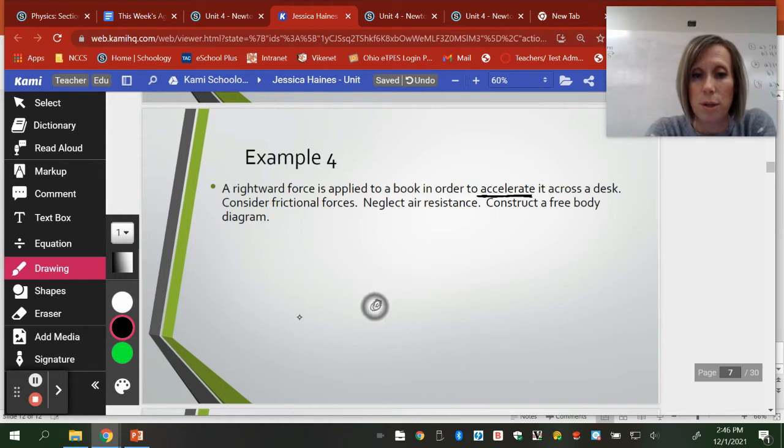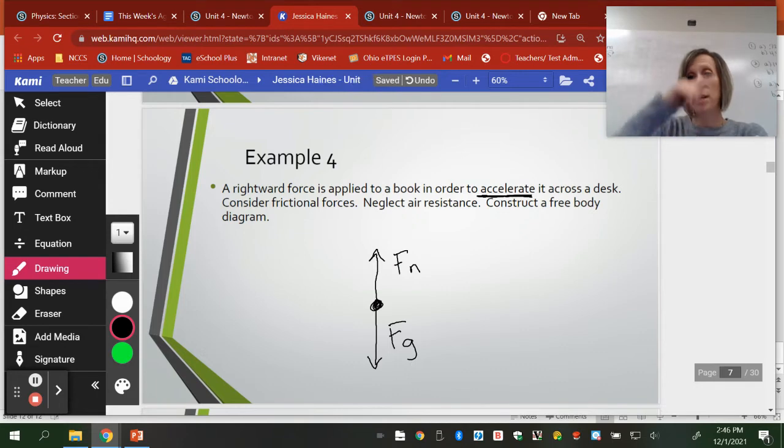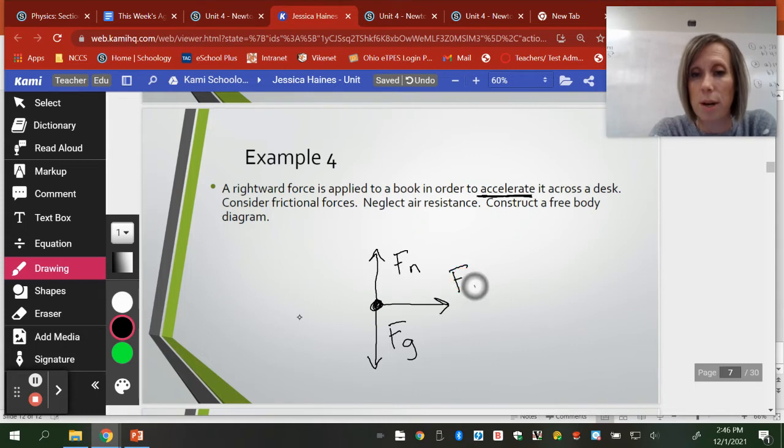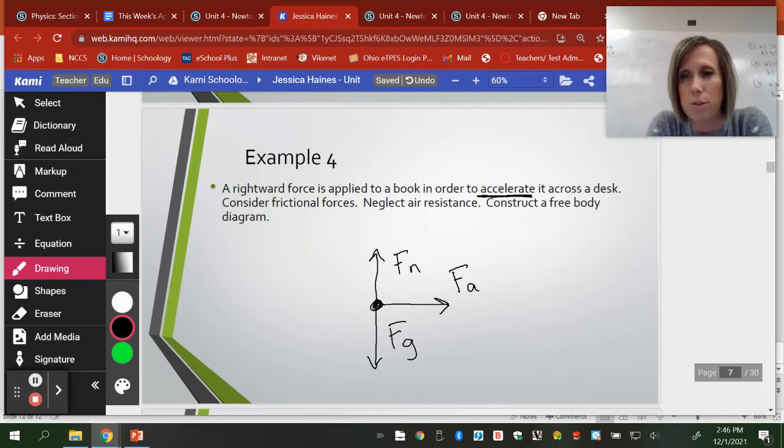So here's our book. We have the force of gravity downward. We have the normal force upward. Those should be equal and opposite because the book is not moving up or down. It's moving across the desk. We still have, because it's moving in the rightward direction, an applied force to the right. Well, we have frictional forces. And we have to think about how big that frictional force arrow is going to be.